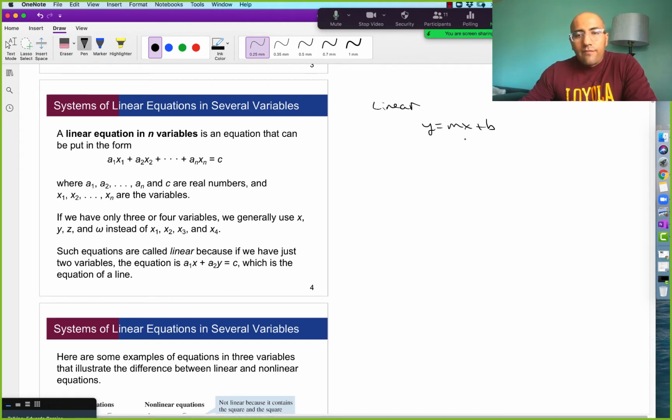Or, if we put the x and y terms on just one side, another form of a linear equation we often saw was of this form: Ay plus bx equals c.